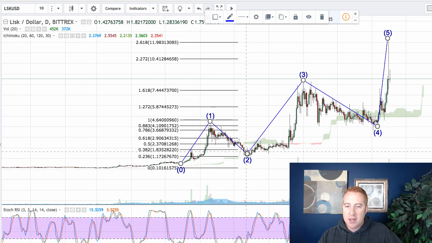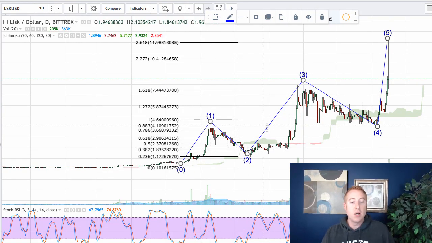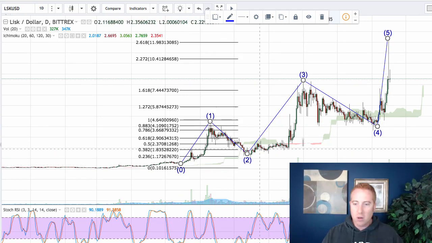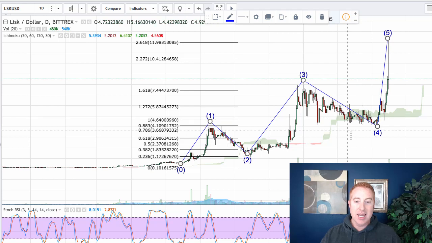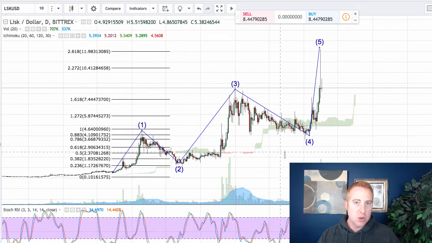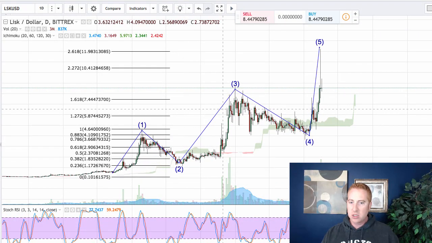The next thing is you can just look at this chart, and depending on your entry, you want to try to buy on the 0, the 2, or the 4. Usually the 2 or the 4 is what I'm buying on, and you want to exit at the 3 or the 5. I'm going to show you my entry and my exit, and again, this is how we played this coin. It's basically just Elliott waves.